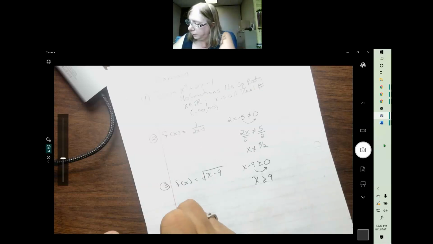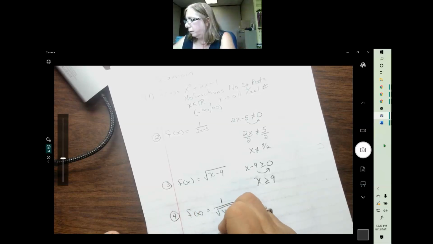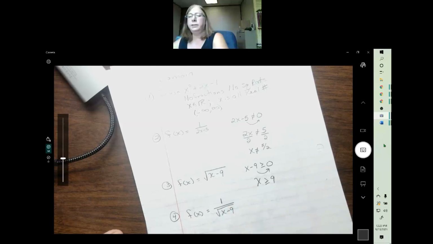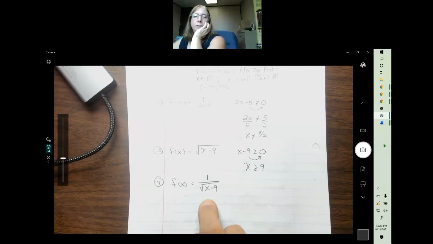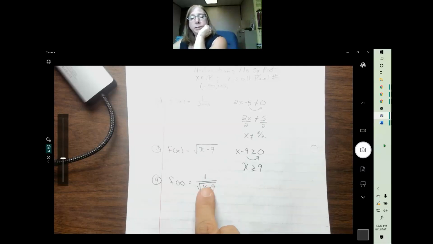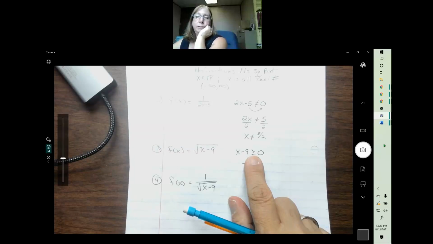Okay. The last case is, what if we take that square root and we put it in the denominator? How is it going to change it? It still has to be positive, but because it's in the denominator, it can't equal 0.